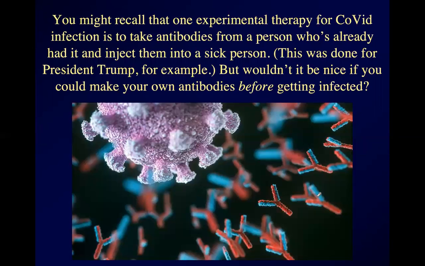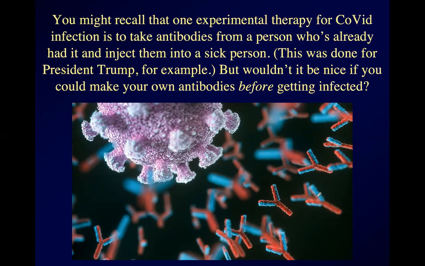So you can take blood serum from a person who's had COVID, purify the antibodies, and then inject that into a sick person, give them extra antibodies that will attack their COVID virus particles. There's also ways in which you can make antibodies in the lab in various ways.